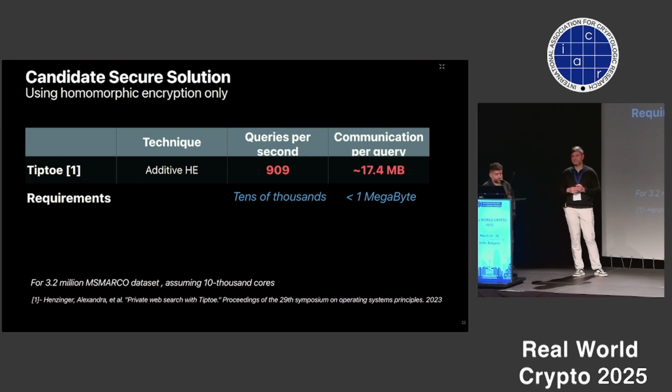And one of the state-of-the-art approaches that did this when we were putting out the system is called Tiptoe, which does this relatively efficiently for an HE scheme. It offers full query obliviousness for privacy. And yeah, it's a great system. However, it falls short of our practical constraints, where we need to serve tens of thousands of queries per second.